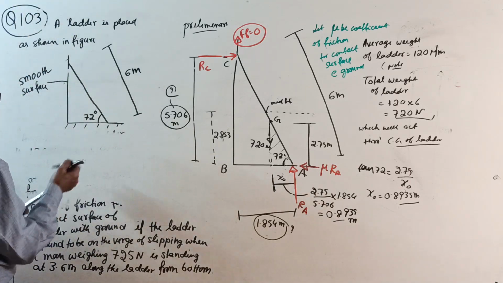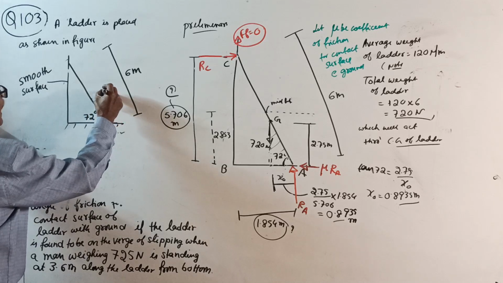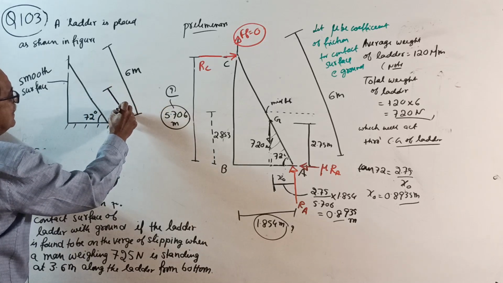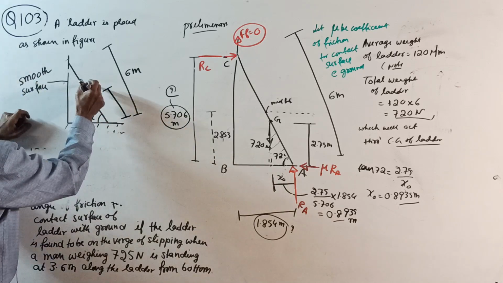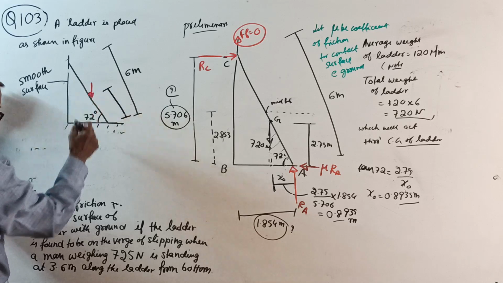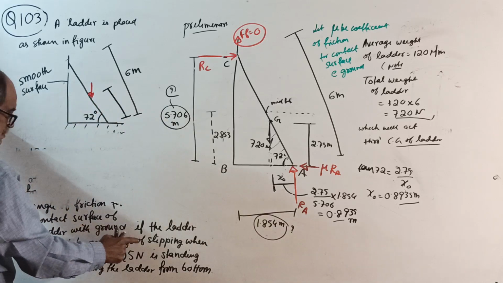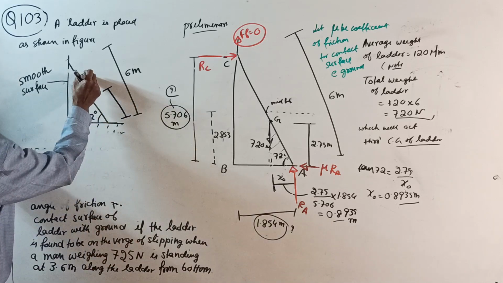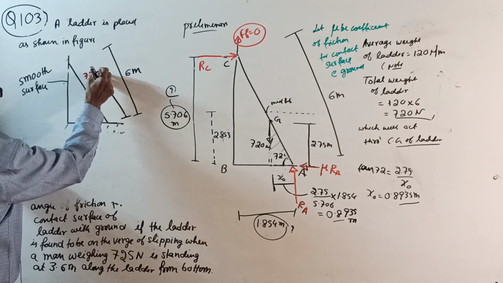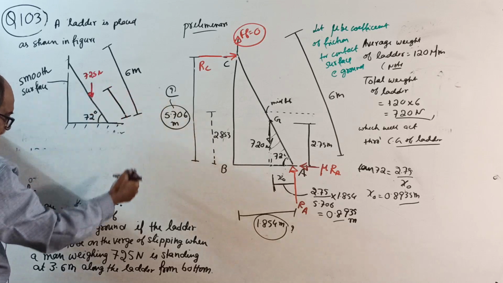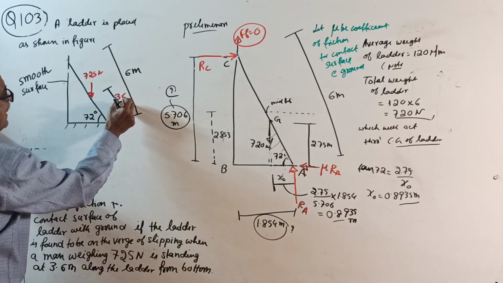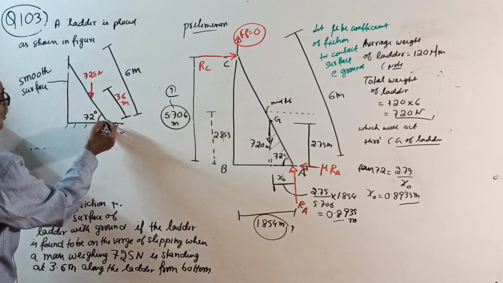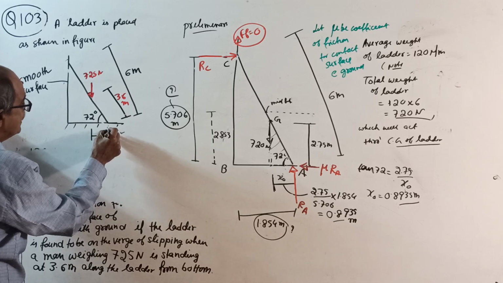One more preliminary. Along the length of the ladder, a man weighing 725 Newton reaches a distance of 3.6 meter along the ladder. So, you should know where that person is from here.